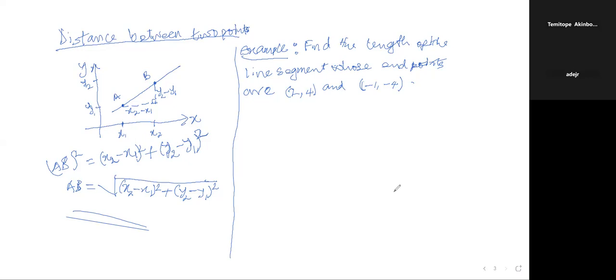Okay, I finished writing the example. So we want to find the length of the line segment. In other words, we want to find the distance between point 2, 4 and -1, -4.